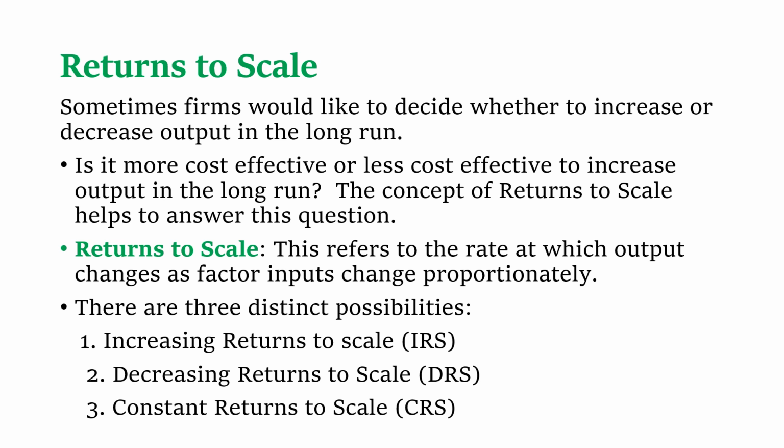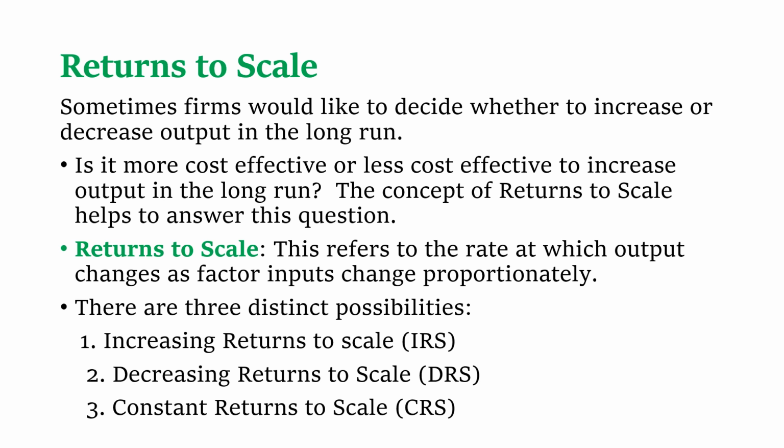But if the production function of the firm exhibits increasing returns to scale, then it is cost effective for the firm to increase output. It's cost effective for the firm to increase the plant size, because by increasing the plant size, the output is going to increase by more than the increase in our inputs.